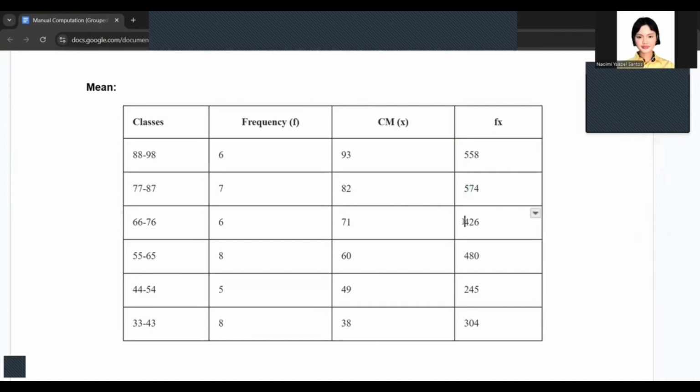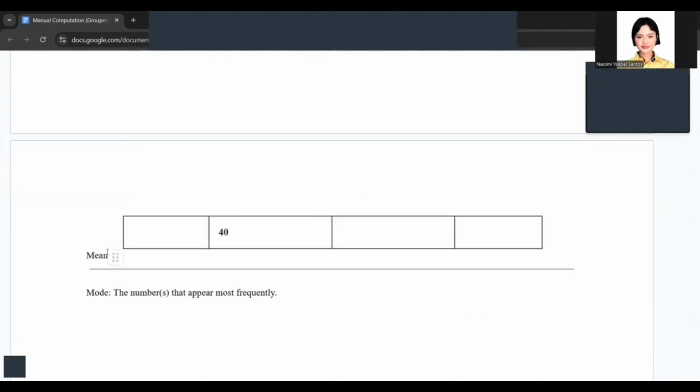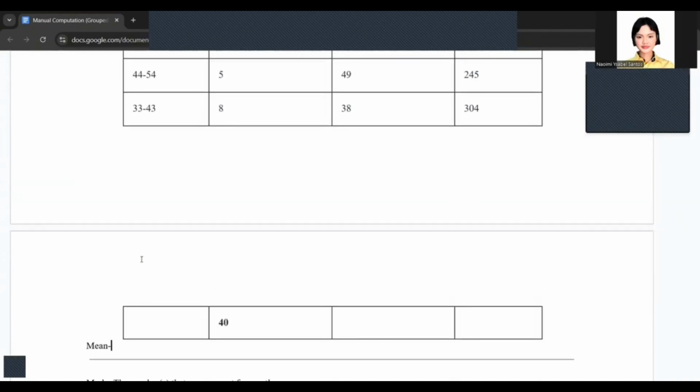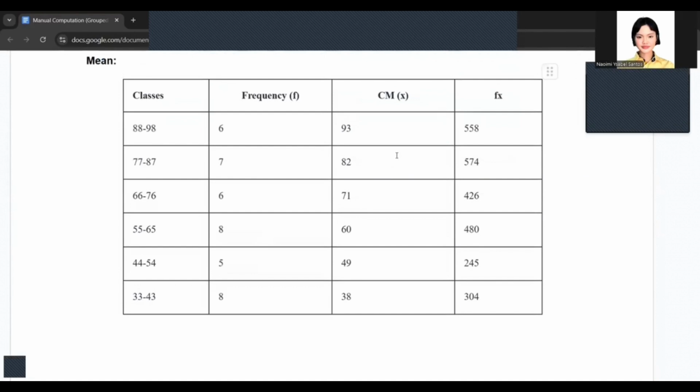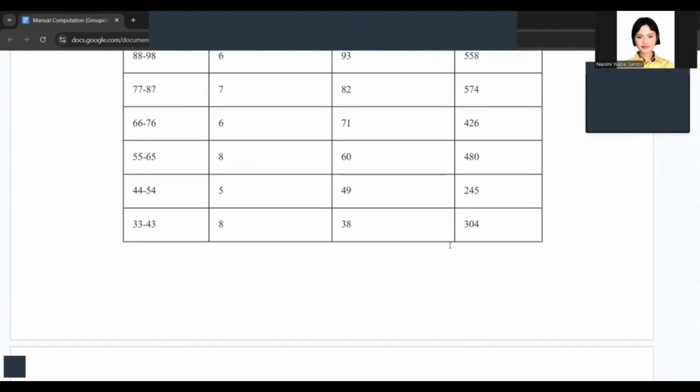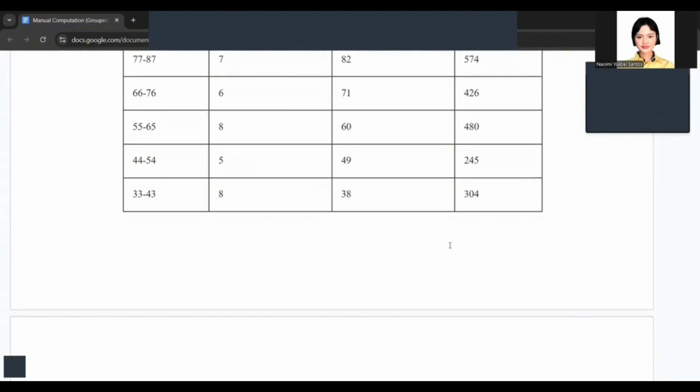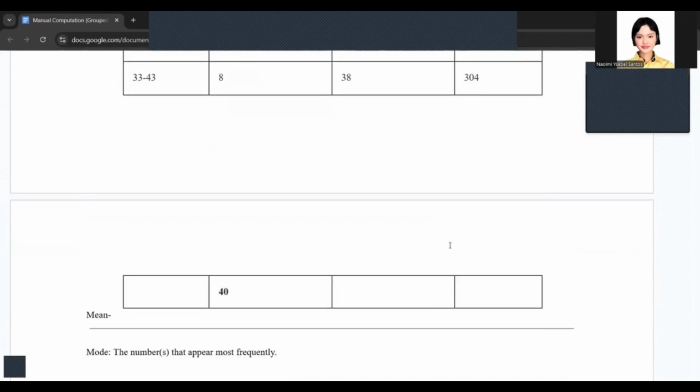And we will do the exact same process with the following. After we got the fx, we will do the summation of fx. So we add it all together. We will have 2,587 in our scientific calculator.